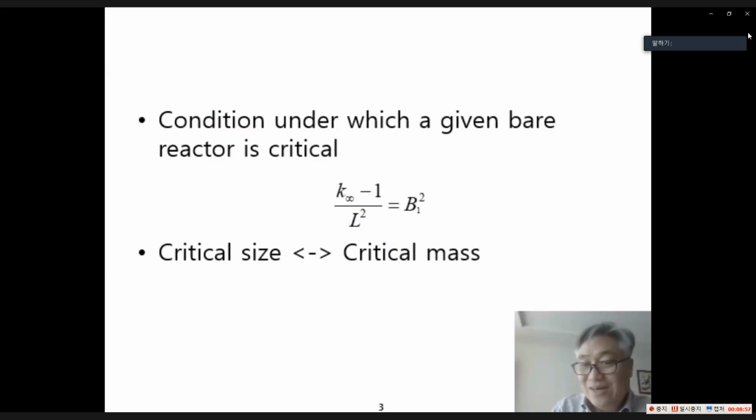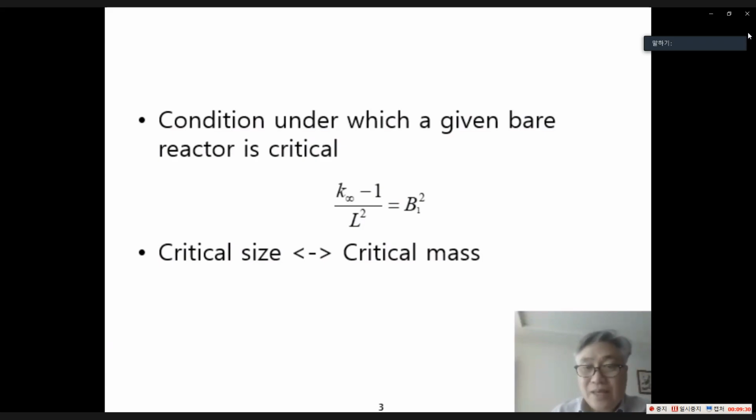That means in order to make an atomic bomb with uranium-235 or plutonium-239, there is a concept like critical mass, 임계질량. If the mass is smaller than the critical mass, you cannot make an atomic bomb. Okay? And you cannot make a reactor critical with less than critical mass.